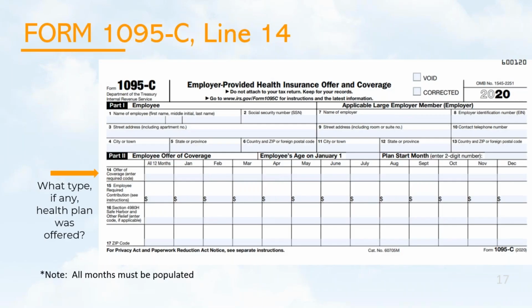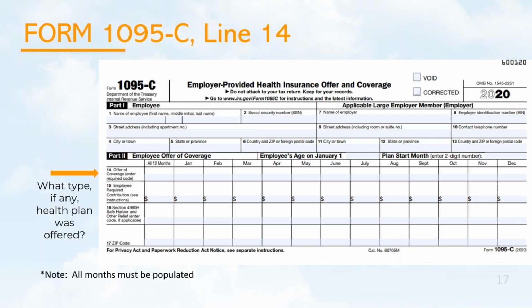Okay, so let's look at Form 1095-C, line 14. We will complete these forms for you, but in your system, these same levels exist in pay entry. We're looking here at line 14. This asks what type of health plan was offered to this person. If it's in all 12 months, it'll go across the board.